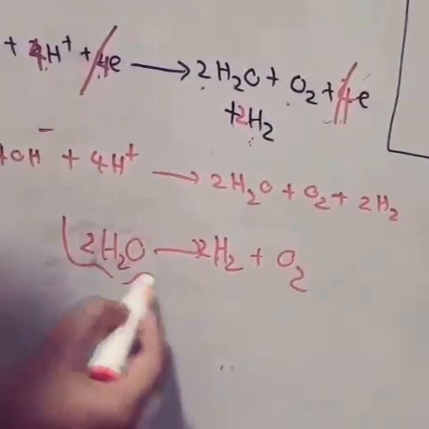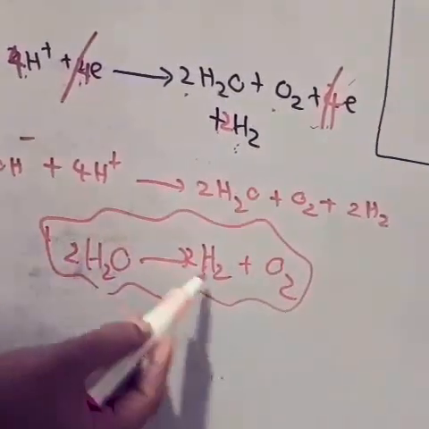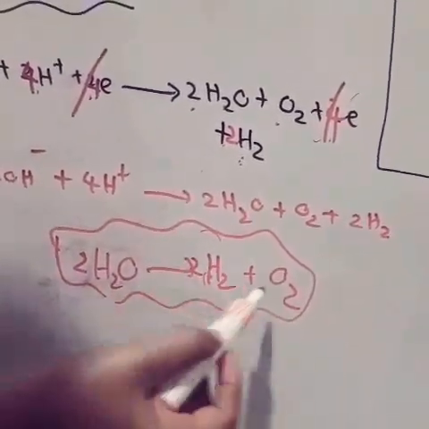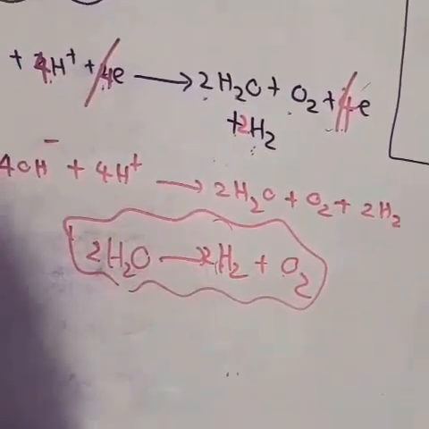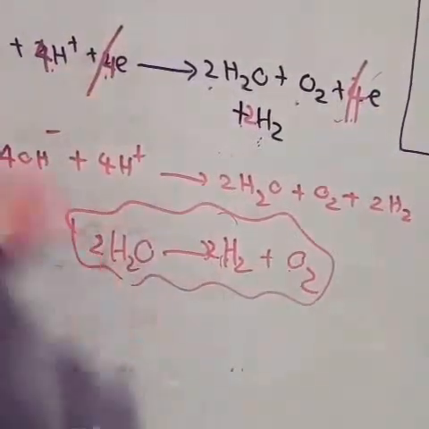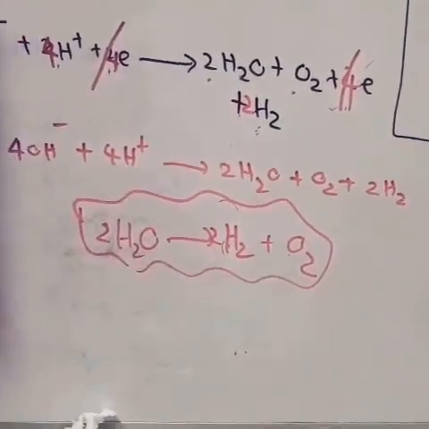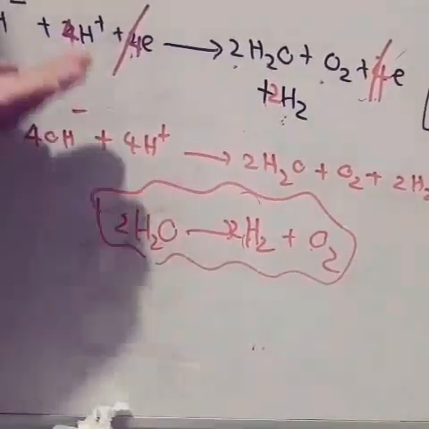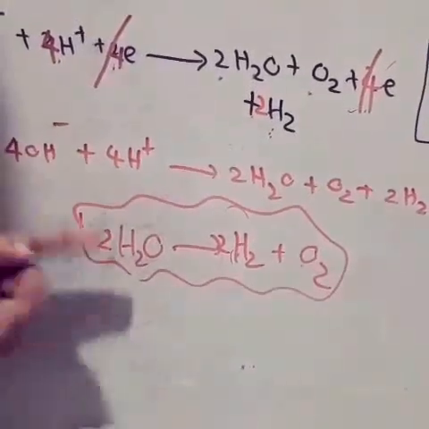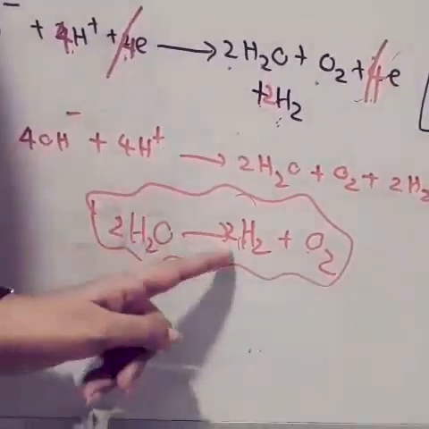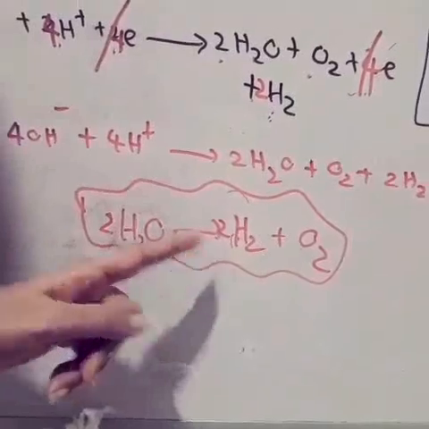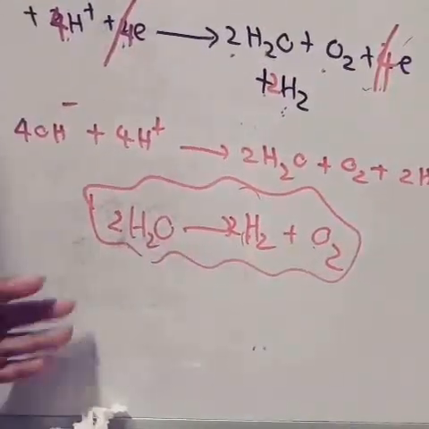So this is the final reaction. We can have 2 molecules of hydrogen and 1 molecule of oxygen. Finally, the water is broken by the electricity here. Electrolysis means breaking down or decomposing a single chemical into simpler chemicals. So the electrolysis is done here.